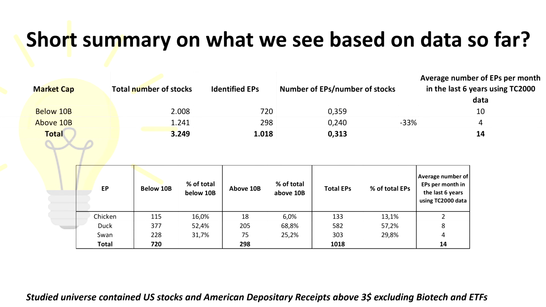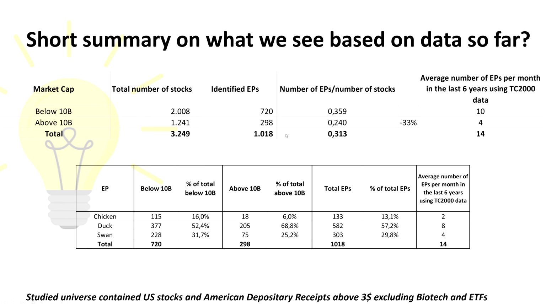Okay, a short summary on what we know so far based on data. We studied stocks below 10 billion and above 10 billion. We have a total of 3,249 stocks, and 1,018 EPs were identified.